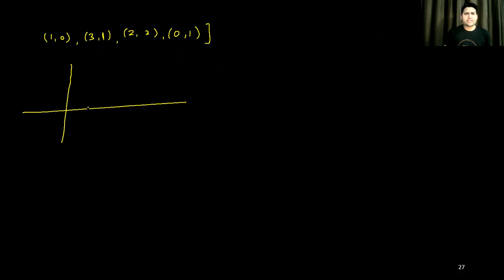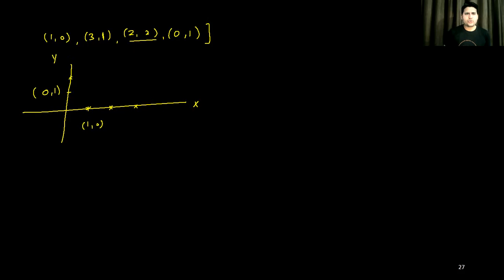(1, 0) is on the x-axis, obviously. (0, 1) is on the y-axis. This is the x-axis, this is the y-axis. So this is 1, this is 2, this is 3.